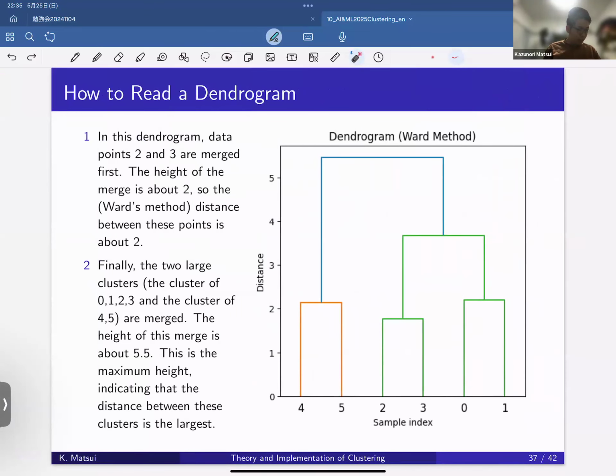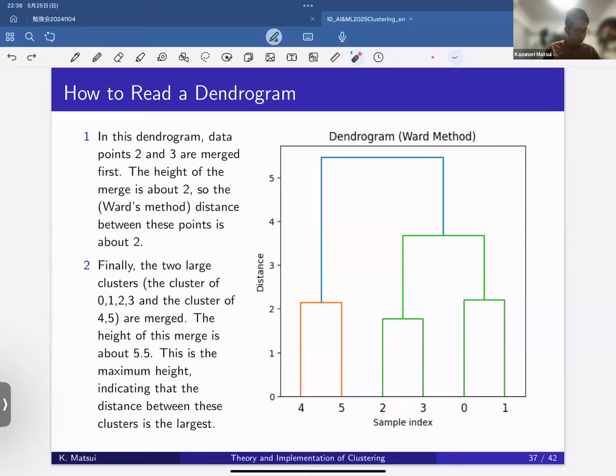If we read the previous figure properly, in this diagram, data points 2 and 3 merged first. The height of the merge is about 2, so we can see that the distance between these points using Ward's method is about 2.